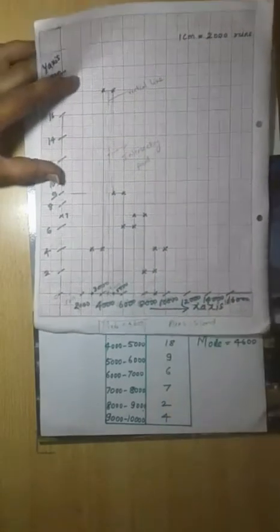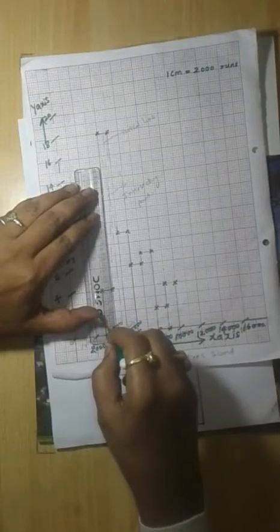So now we can join all these points to get the histogram. So starting from 3000, we are joining here. Next like this. Next we can join the next value. Similarly, these 2 points. Next we can join these 2 points.